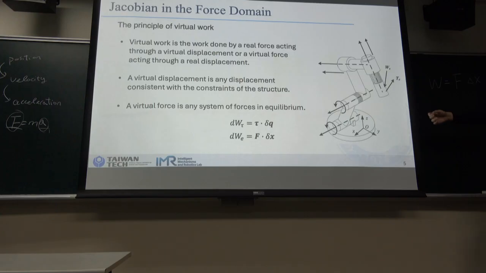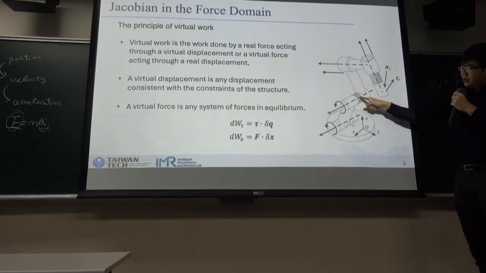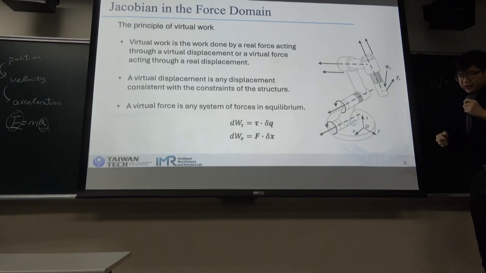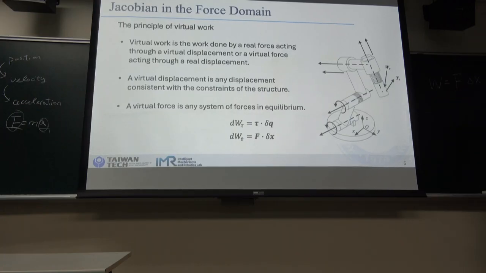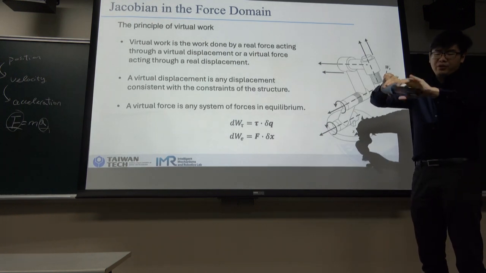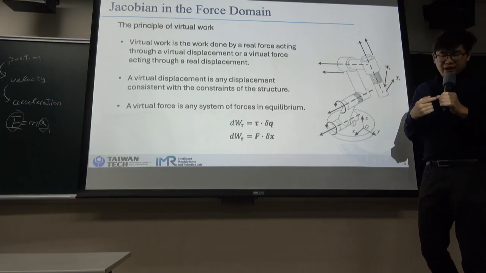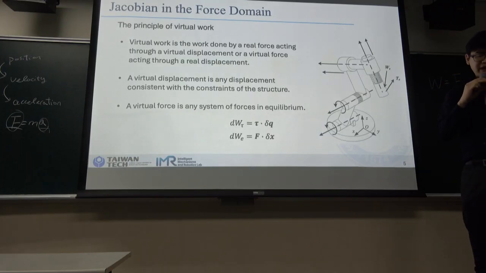So if we apply a torque on the joint, the joint will rotate, right? So even if this is a rigid body, there should be a very, very tiny amount of displacement, like a virtual displacement.